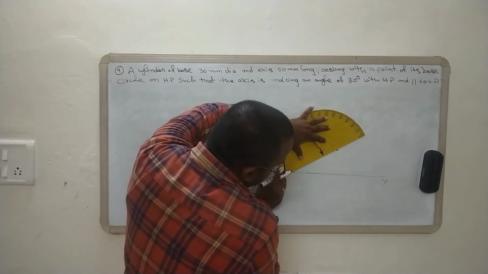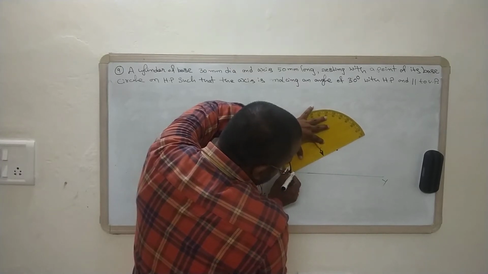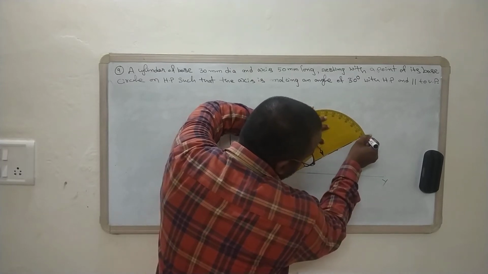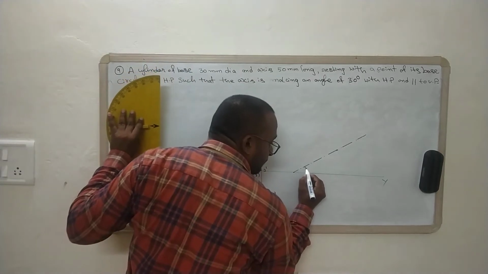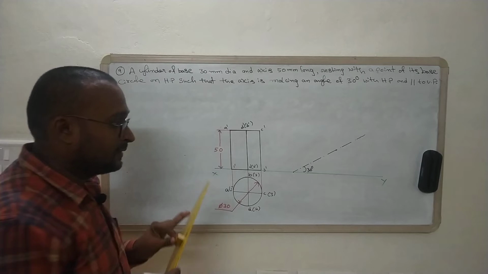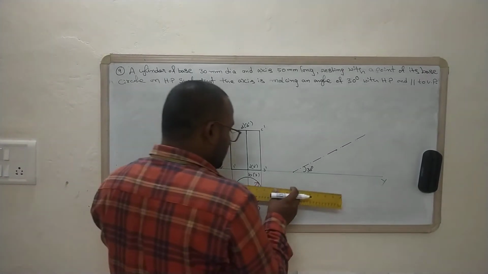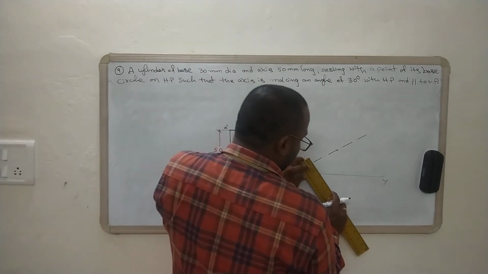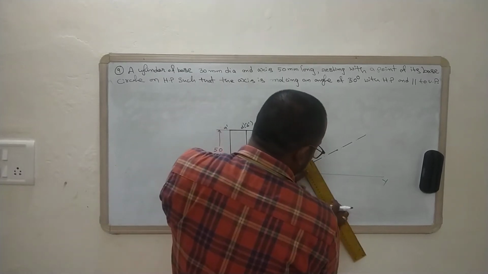And then this is the center axis, at an angle of 30 degrees, right? Next we have to take the dimension from here to here, 3 to 4 dimension, and then until it gets, that means 2, perpendicular.